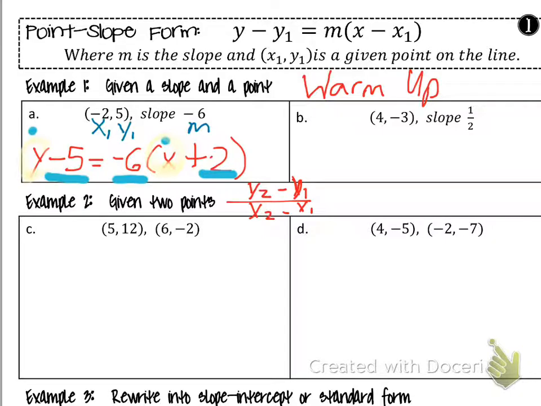So that would be negative 2 minus 12 over 6 minus 5. Negative 2 minus 12 is negative 14, and 6 minus 5 is 1. So your m would be negative 14.